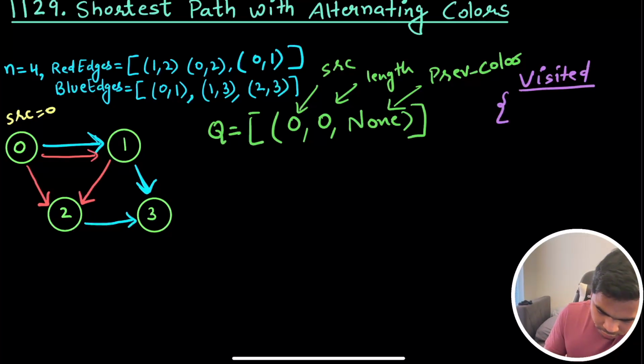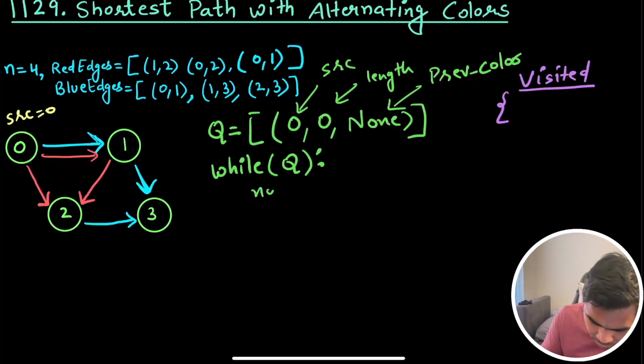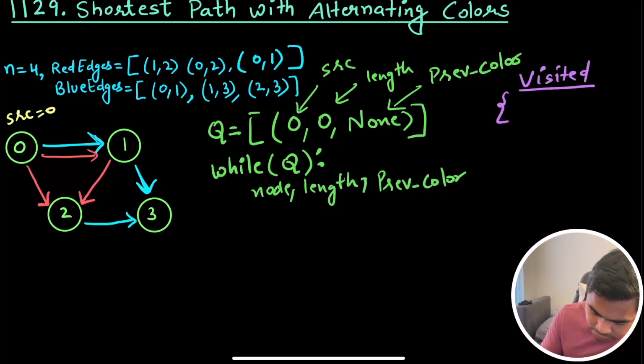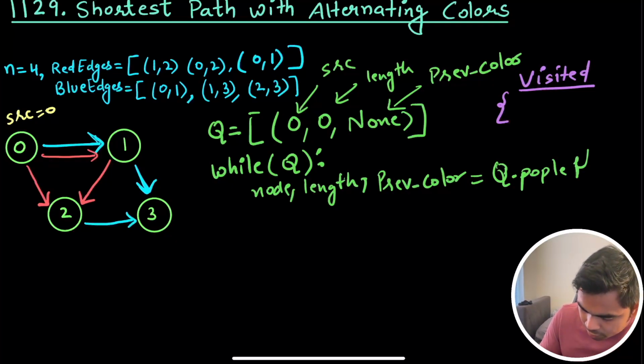So this queue will start with 0, and then while queue, we will pop the first value. We can call it node, then length, and then the previous color, so q.popleft().